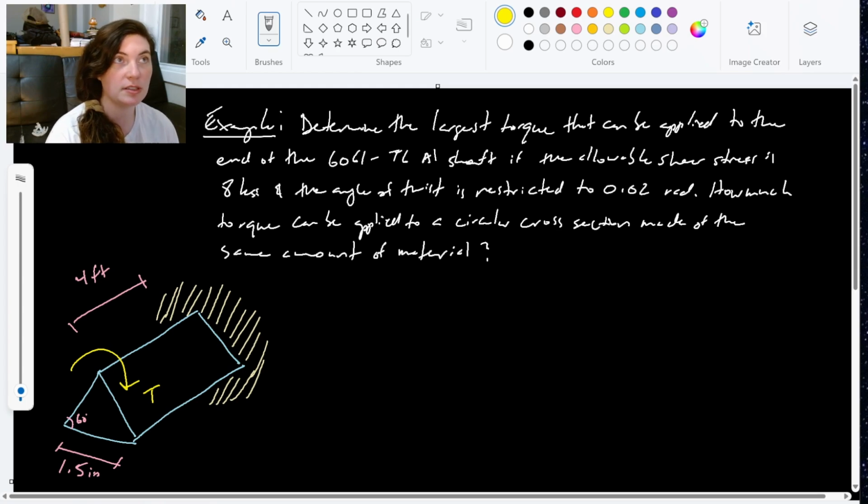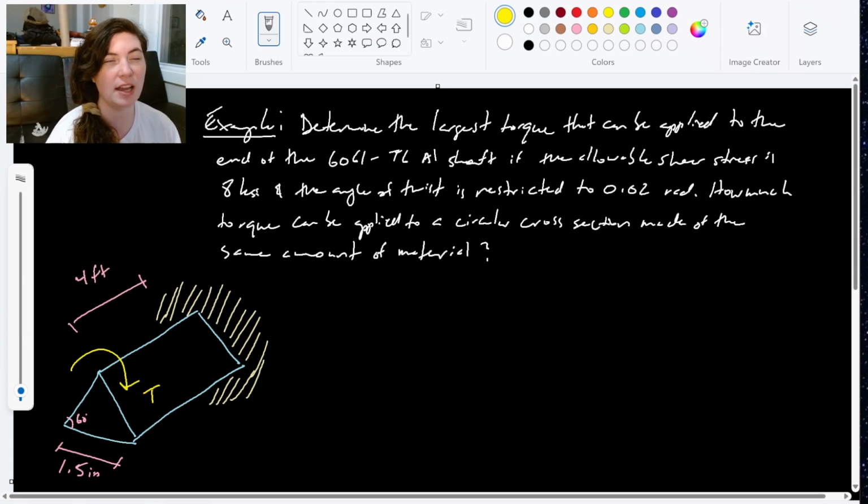Possibly our shear stress is limiting or our angle of twist is limiting. So we're going to check those things to find the largest torque, that T there on our shaft. And then it asks us this separate question: how much torque can be applied to a circular cross-section made of the same amount of material?